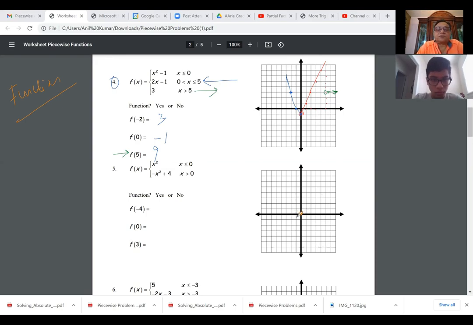So at 0, it is plus 4. So 1, 2, 3, 4. Let me use different ink here. So 1, 2, 3, 4. Not included. This is for this function, right? So as soon as I put 2 there, 2 squared is 4, we have a 0 there. So we have a 0 here, right? So it's a parabola, which is kind of going like this. Is that clear to you?